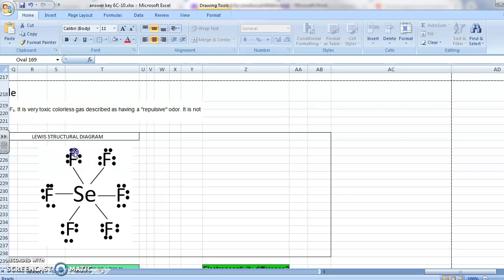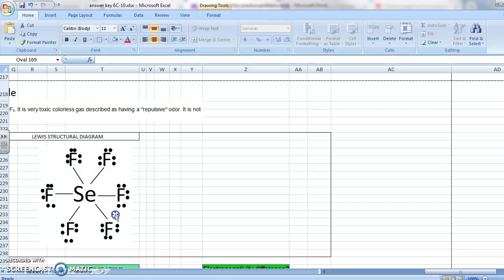London dispersion forces have something to do with the fact that the electrons are in constant motion on these atoms. So if the electrons move from this atom over towards this atom, what would happen is that would leave this fluorine momentarily partial positive while the electrons went to the selenium. But fluorine will pull them right back. Likewise, the electrons with fluorine can get pulled over to the fluorine part of the time, making the fluorine partial negative for just the moment that they're there, until selenium can pull the electrons back.